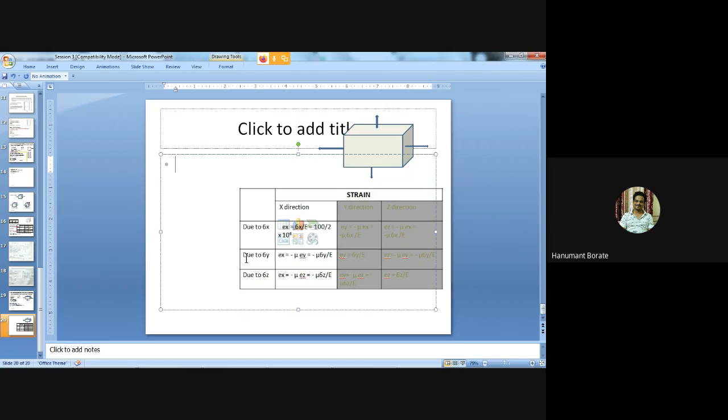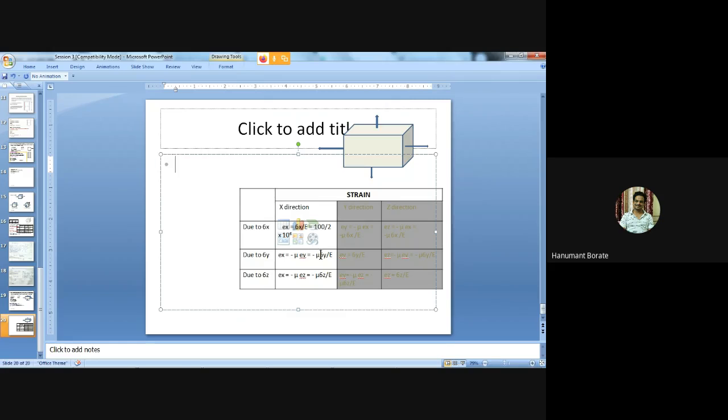Now due to sigma y, meaning strain due to force in the y direction, we are applying the force in the y direction and measuring strain in the x direction. We are measuring deformation in the x direction, so again it's a lateral strain. So Ex equal to minus Ey.